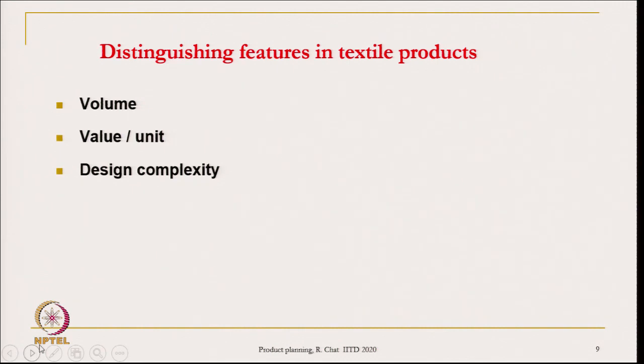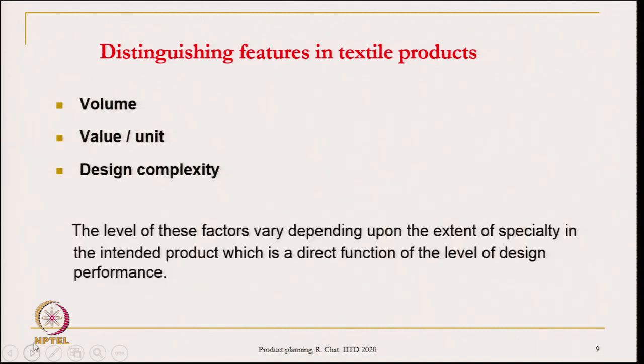So, you can also find out the distinguishing features of textile products in terms of volume, value, and design complexity. The level of these factors varies depending upon the extent of specialty in the intended product, which is a direct function of the level of the design performance.